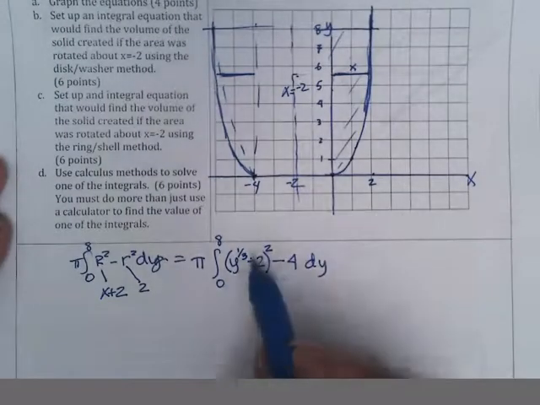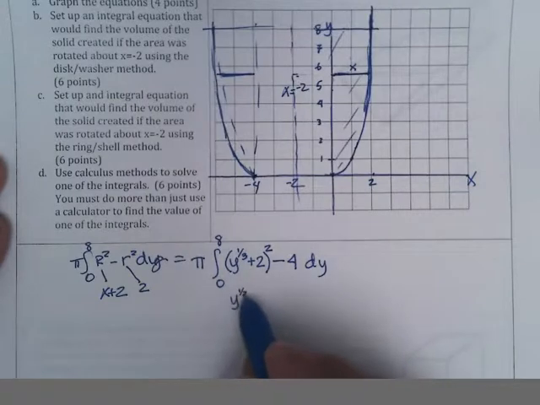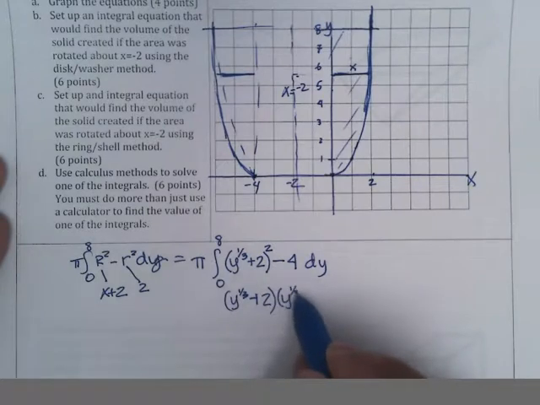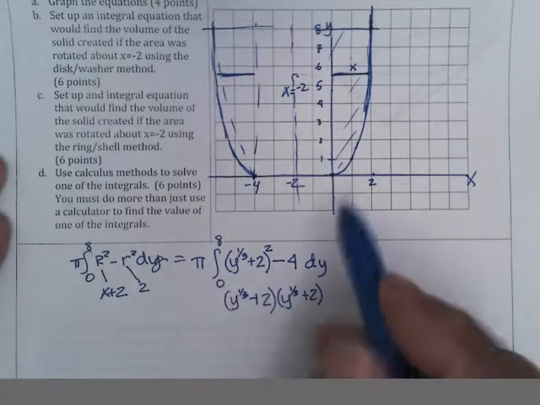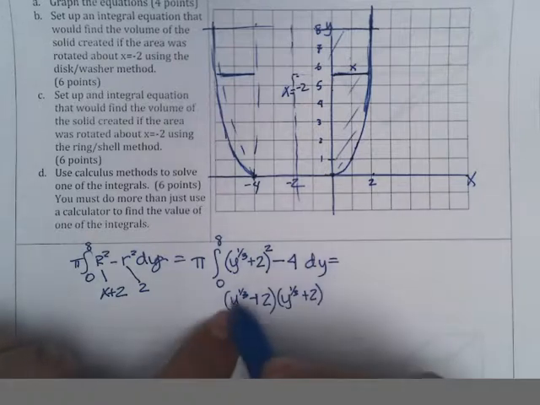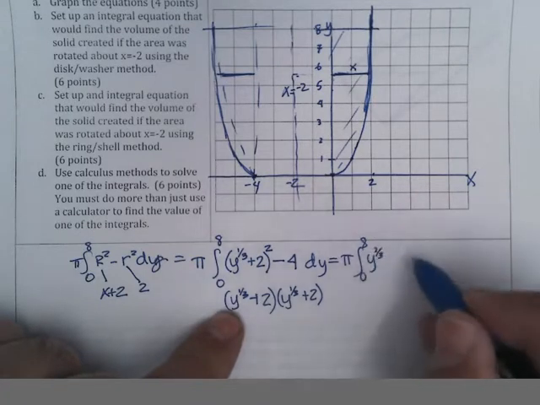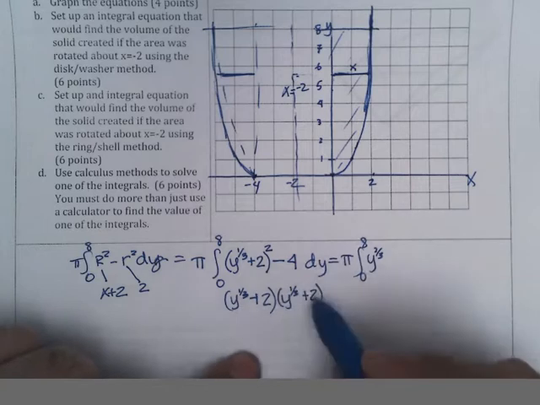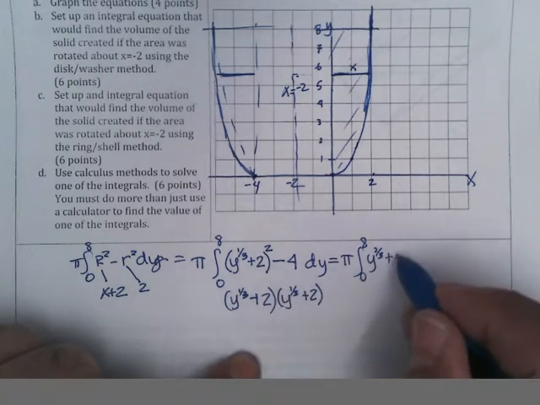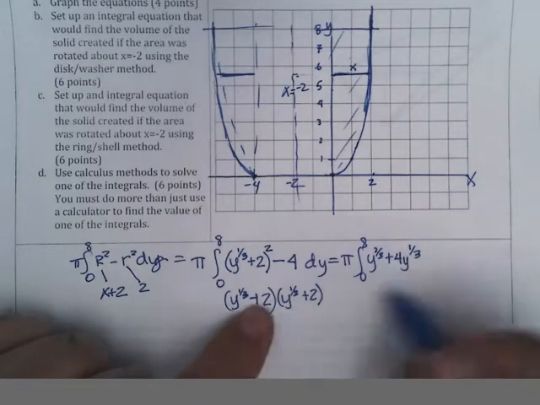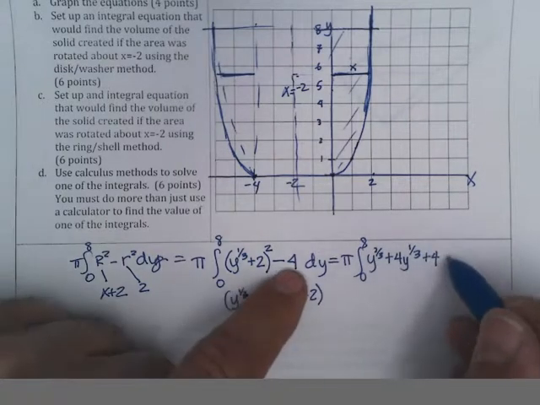Okay, so this is a binomial that I got to square, so it's going to be y to the 1/3 plus 2 times y to the 1/3 plus 2. So it's going to be y to the 2/3 plus 2y to the 1/3 plus 2 more, so plus 4y to the 1/3 plus 4, minus 4.